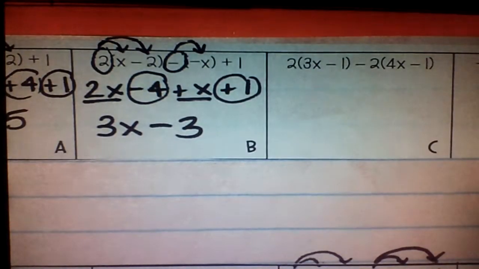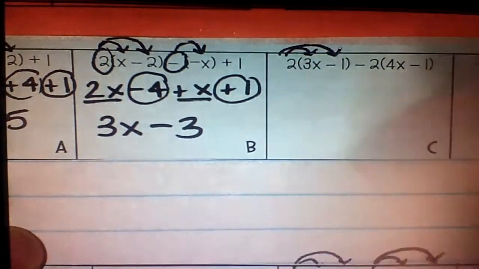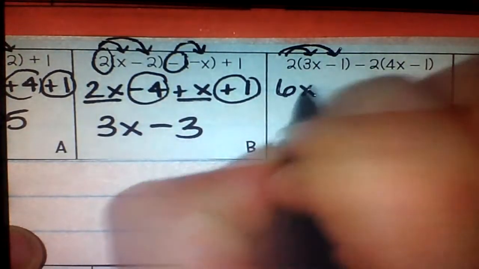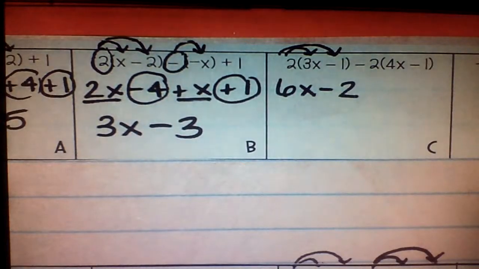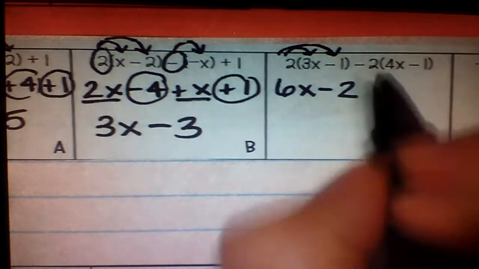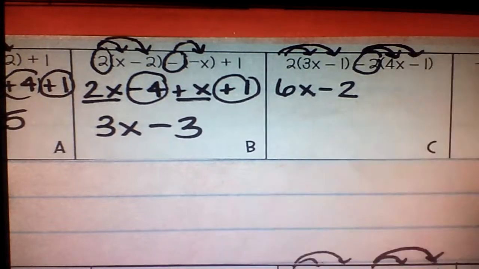Okay, so if I move on over to C, again, I have 2 numbers that need to be distributed. First one is my 2. This 2 goes to the 3x and the -1. 6x minus 2. I then need to take this -2 and distribute it through.